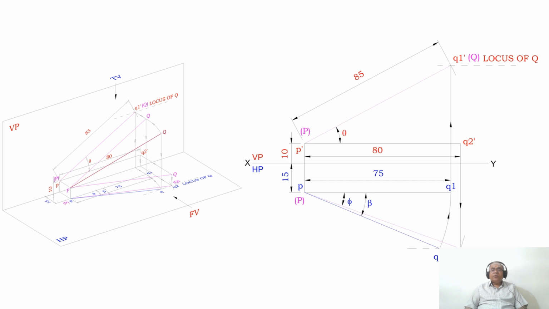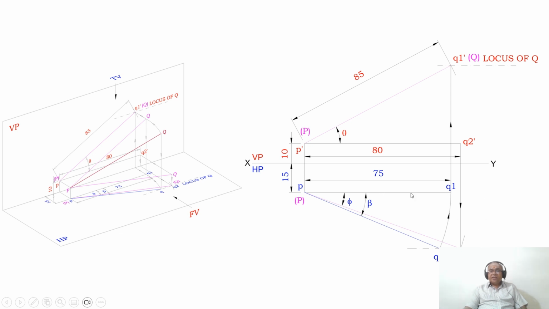Now how to do that? At present, the location of this line, PQ1, is parallel to XY in the top view. But the point Q1 is not in front of VP by 15; instead, Q is in front of VP by this total distance.